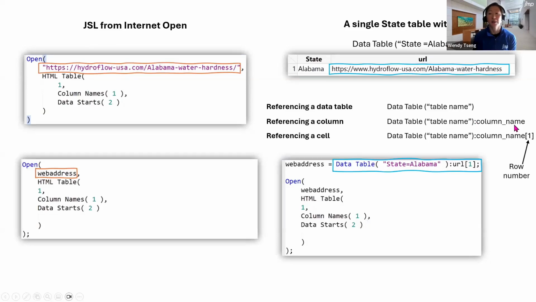So in this case, it would be data table state equals Alabama, URL is the column name. And then finally, because we want a specific cell which contains the URL, we add these brackets. And for all of the states, it's just the number 1 because all the tables just contain 1 row. And that's the cell that contains the URL.